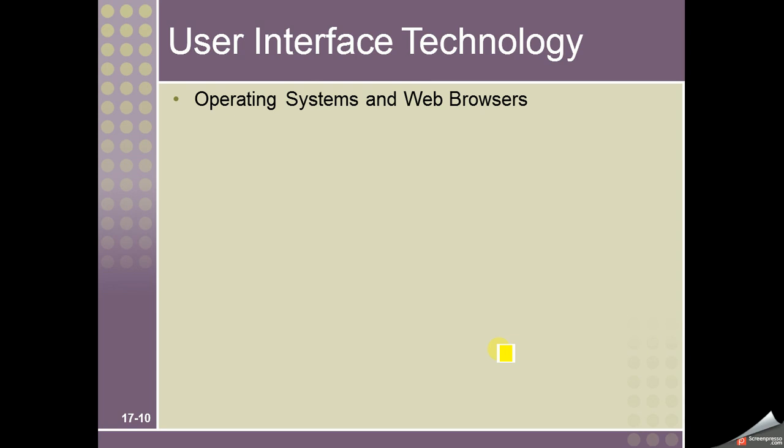Now coming to the technology part, first we talked about the human engineering guidelines, the human part. The second is the technology part. So the first thing in the interface design is the operating system. Previously we used to have command line interfaces, but nowadays mostly we have graphical user interfaces.